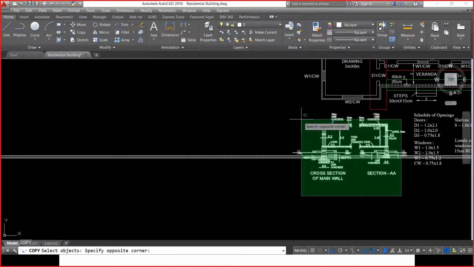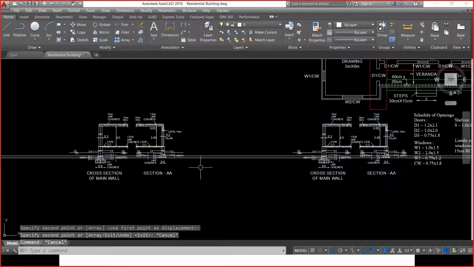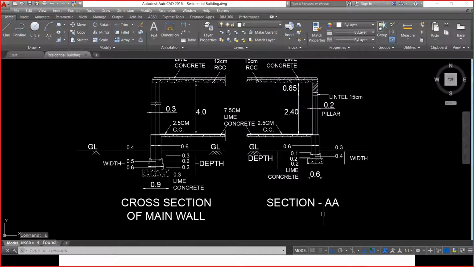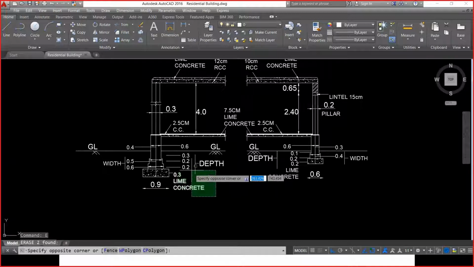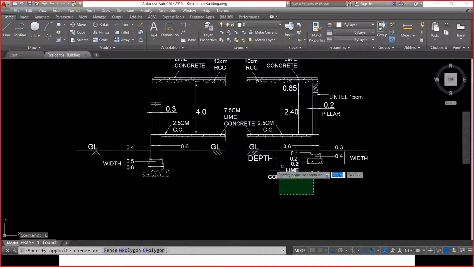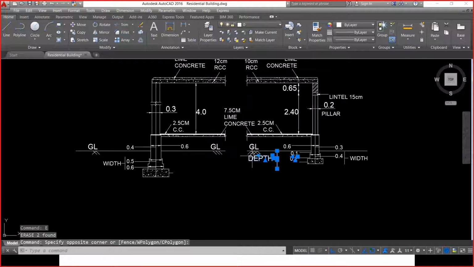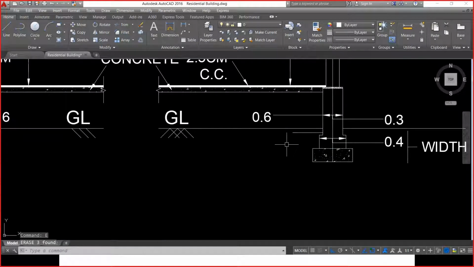As I was showing in the previous session also, let me do the same thing again here. I'll just do the overlapping so that we can understand it better.